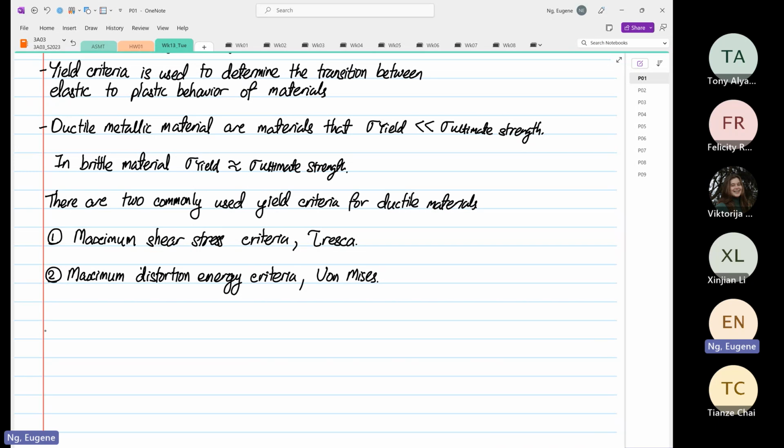So let's look at the maximum shear stress criteria, which is normally known as Tresca. You see, Tresca is spelled with a T. I draw the tau down here to remind me that this is shear stress; that's how I remember Tresca is always shear stress.